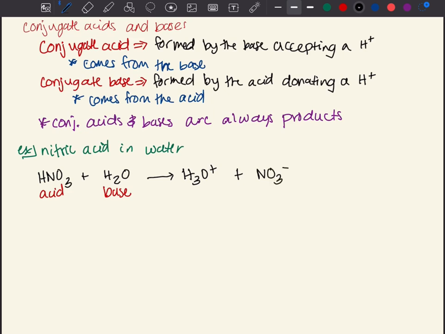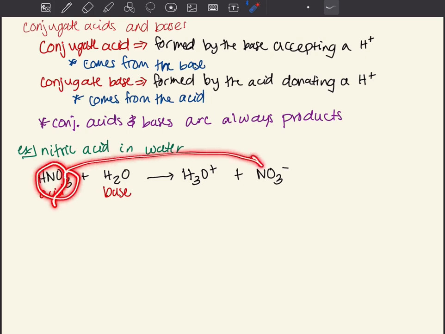So now we need to identify the conjugate acid and the conjugate base. Now, just by looking at this, nitrate does not have a proton, so it cannot be an acid. So that means it has to be a conjugate base. And if you notice, it comes from our acid and it turns into nitrate.